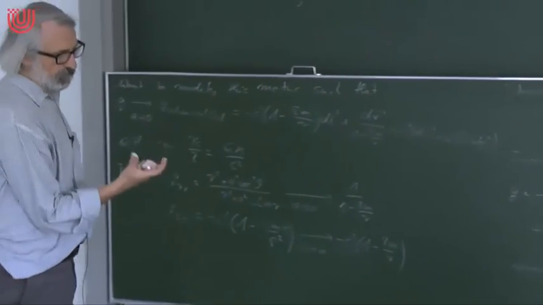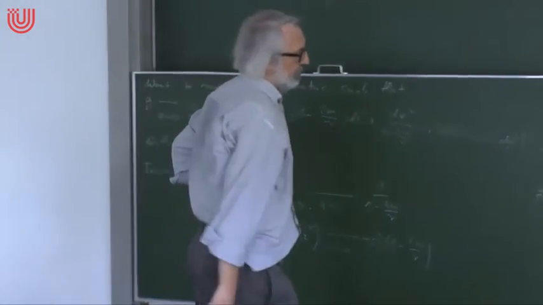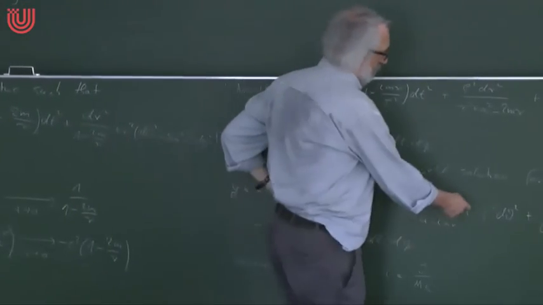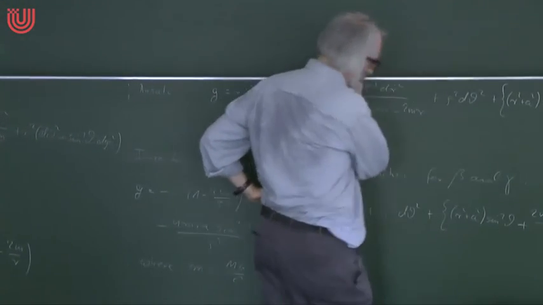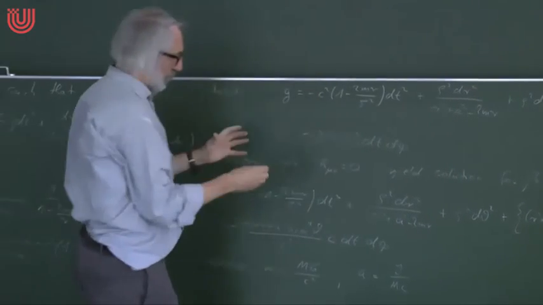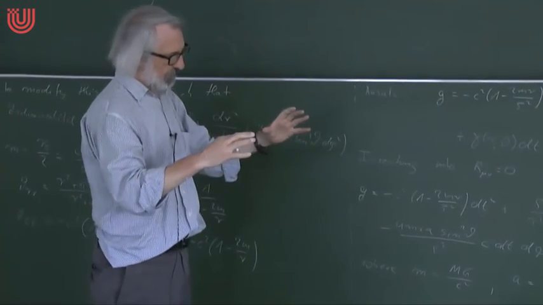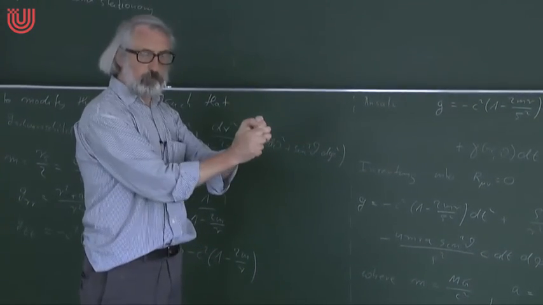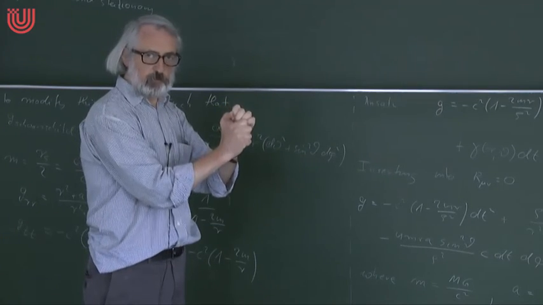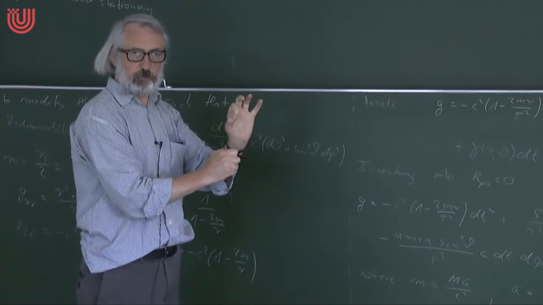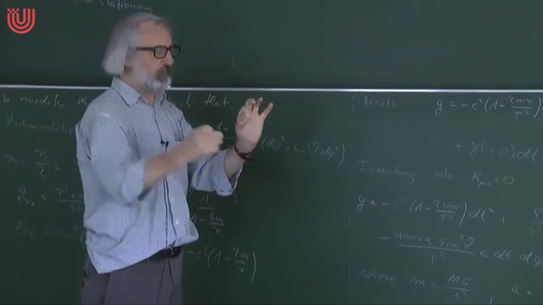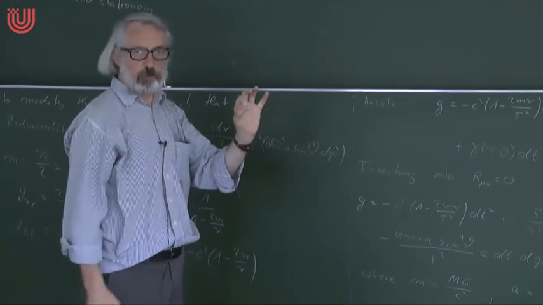So if we send r to 0, then this coefficient in front of the d theta squared and also in front of the d phi squared becomes 0. This means the sphere, r equal constant, shrinks to a point for r to 0 in the Schwarzschild case. And that was our singularity in the center of the Schwarzschild spacetime. So we couldn't extend the spacetime through r equals 0.